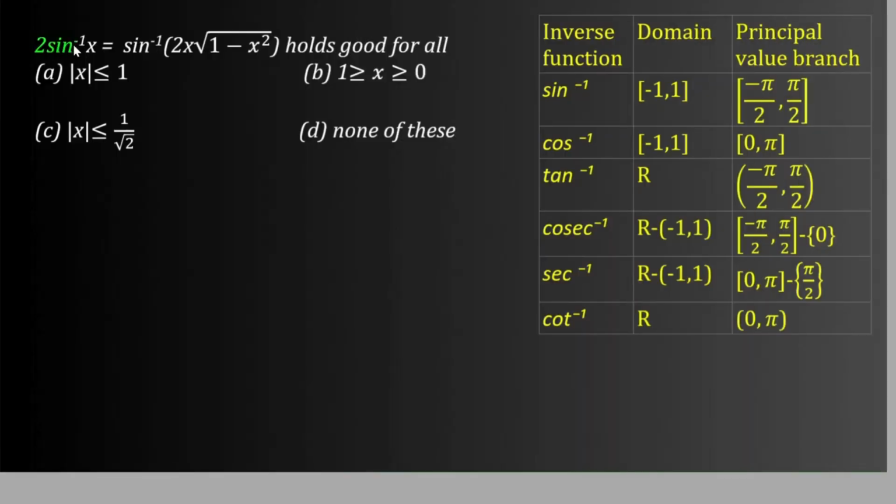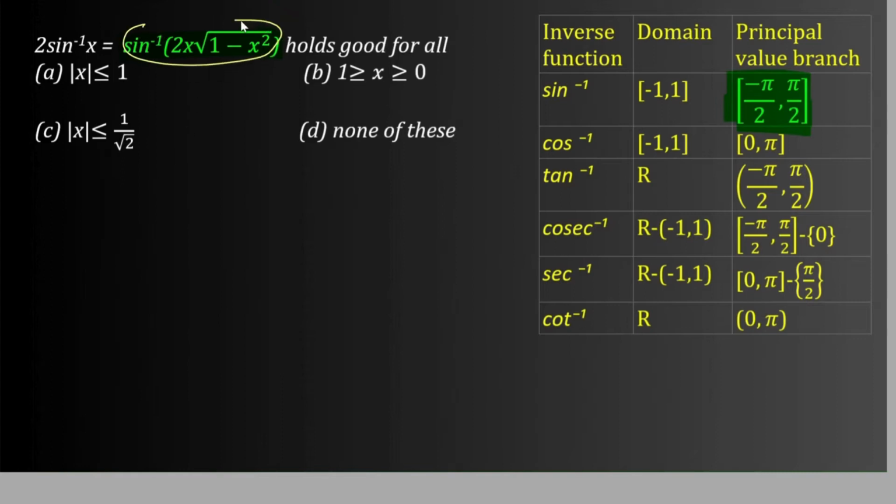In this question it says 2 times sine inverse x is equal to sine inverse 2x into whole under root 1 minus x square holds good for, and these are the possible values of x given over here. So what we are going to do, look into this whole thing, which is a sine inverse function. And what is the range of sine inverse function? It is minus pi by 2 to pi by 2, right?